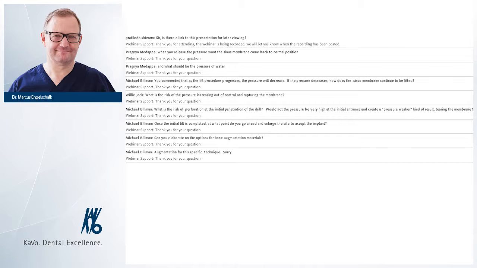This is quite enough, because if you imagine you cut the bone visually in the sinus, and you see this is the sinus, this is the buccal, this is the palatal side, and this is the bottom, this is the coronal side, and you bring in the water, it will lift like this, and you will gain a lot of height by using 1.8 milliliter. And if you turn around now and you see like this on the width, you can lift it like this with 1.8 milliliter. It's just enough.